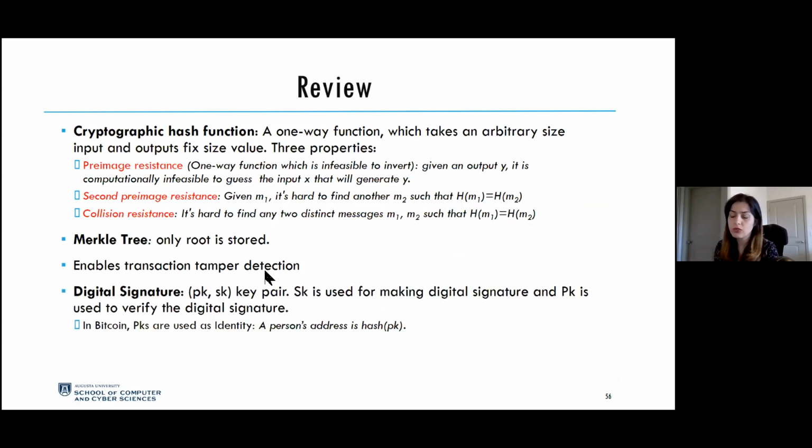And so this is the second security crypto primitive that we talked about. The third one was the digital signature. We said that the digital signature uses asymmetric encryption, where the keys for encryption and decryption are different.